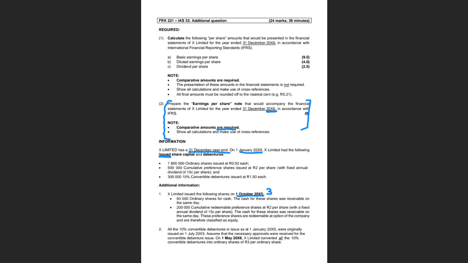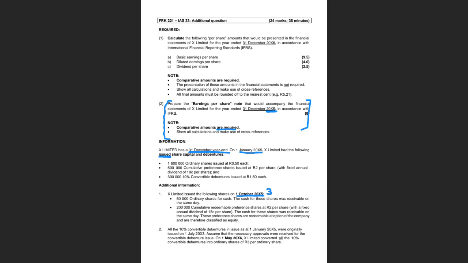So 3 months before the end of the year, they issued these shares. Why is this important? Because if the statements that come later are for value issues, we need to weight the for value issue. That's why we want to know what month of the year this is. So there are 3 months left in the year. We want to weight them in the warehouse.